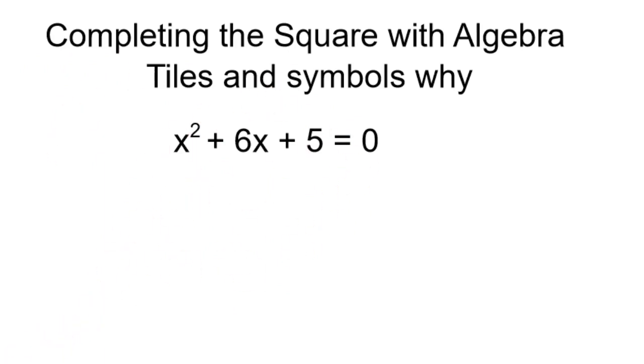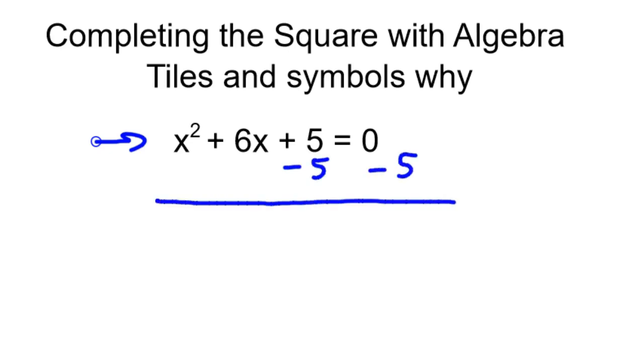All right, so the way your teacher taught you is the first step. So here's our quadratic, x squared plus 6x plus 5. Your first step is, they probably told you to move 5 to the right. So we'll subtract 5 over. And so you'd have x squared plus 6x equals negative 5.